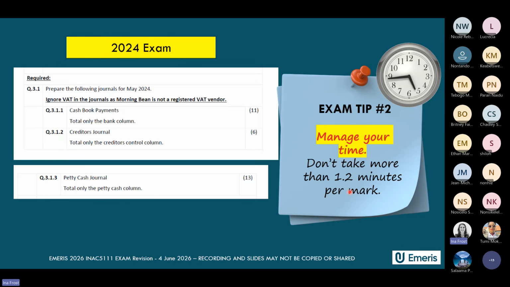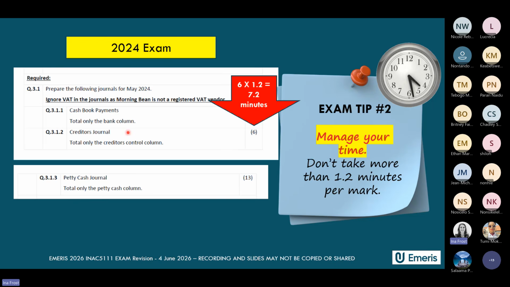That means that in every 1.2 minutes, you should be earning 1 mark. So when you begin a question, you should take the amount of marks allocated to the question, multiply it by 1.2, and that will then tell you how long you have got to work on this particular question.